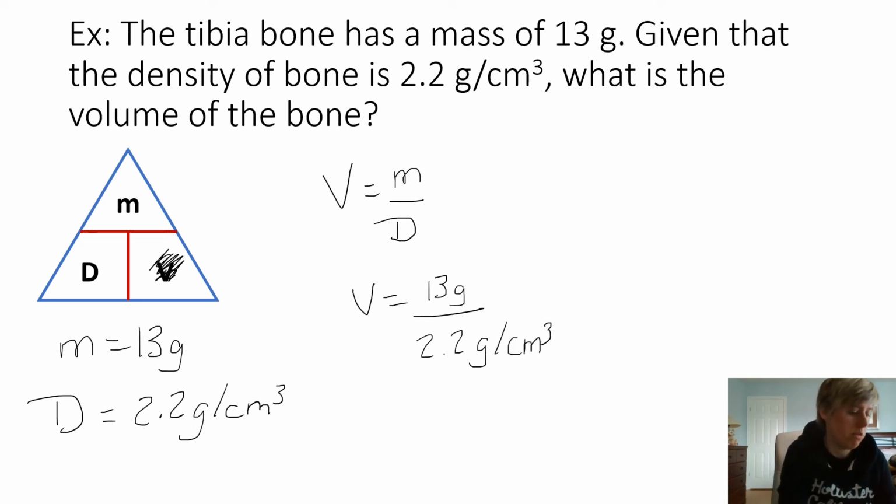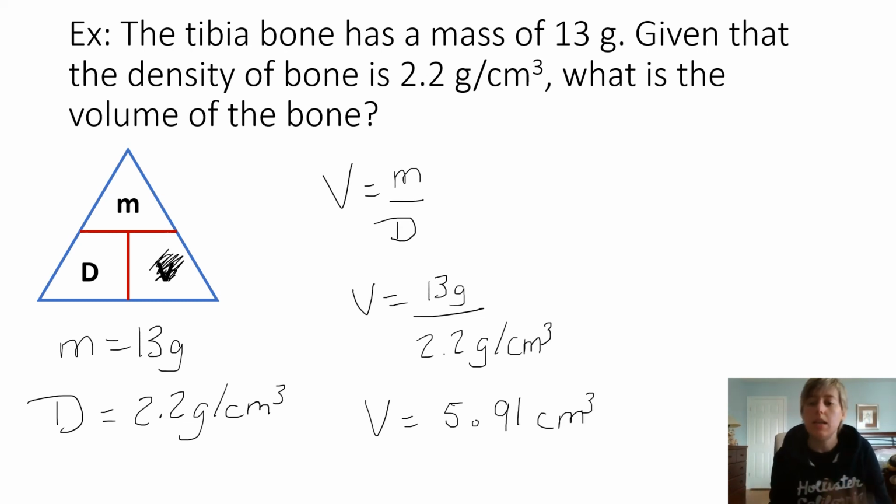Now I'm going to do 13 divided by 2.2, and I get my volume is equal to 5.91 centimeters cubed. So this actually saves you a lot of time and a lot of hassle from figuring out how to rearrange your equation.